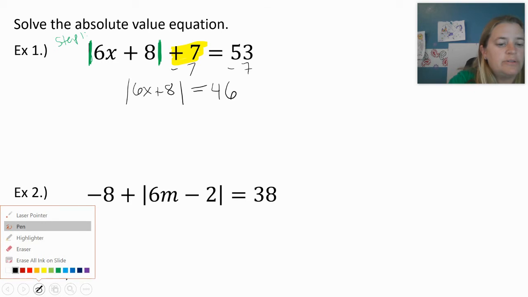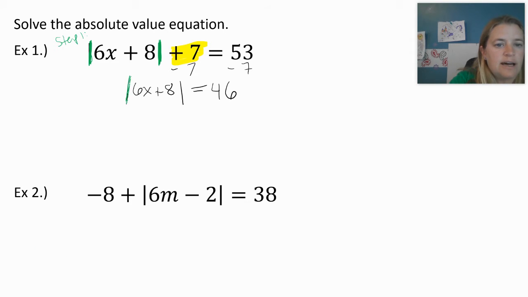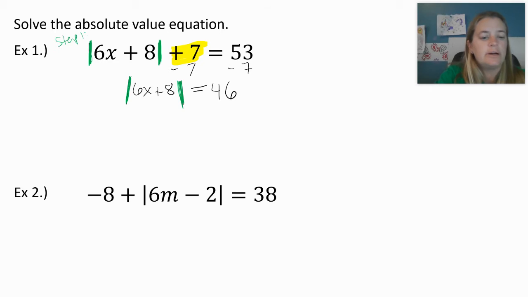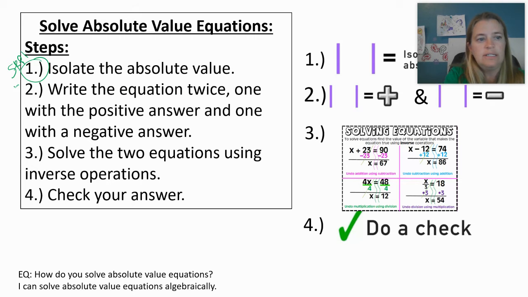Now, hopefully you notice that this absolute value is all by itself. We don't have a number in front. We do not have a number at the end. So now we're going to refresh our memory from step 2. Step 2 is: write the equation twice, one with a positive answer and one with a negative answer.